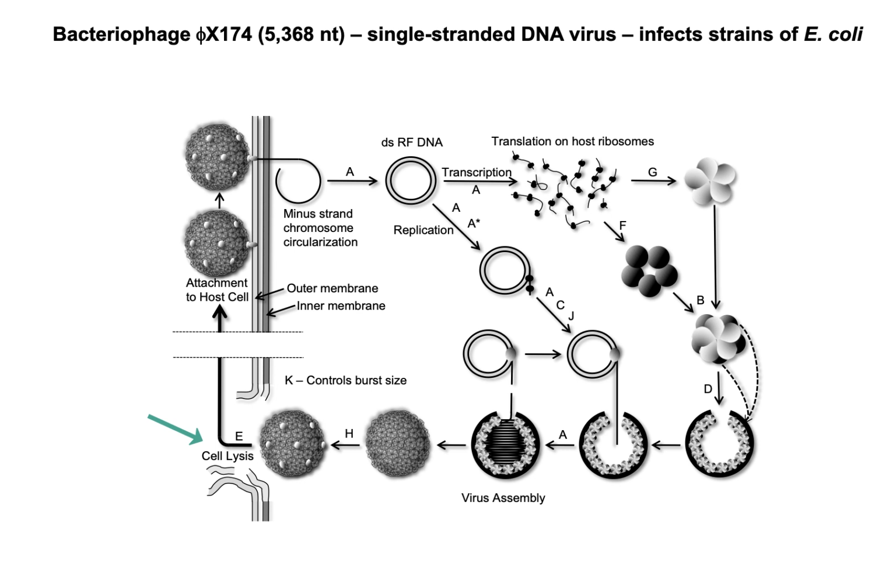And gene E forms a protein that lyses the cell. So although this DNA virus has a very small genome, it's nonetheless complex in how it infects and gets itself replicated within the host cell.